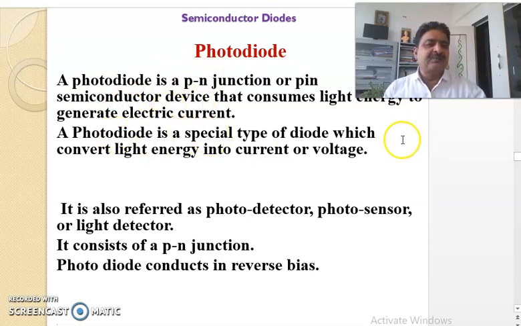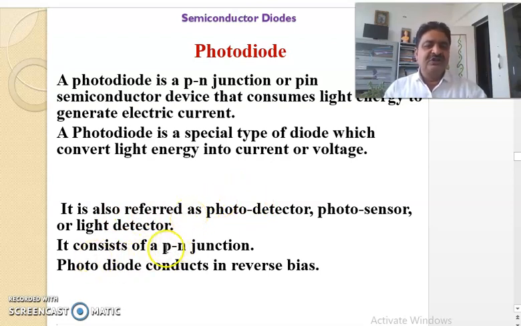Photodiode is a special type of diode which converts light energy into current or voltage. It means using a photodiode one can obtain current or voltage. It is also referred to as photodetector, photosensor or light detector.